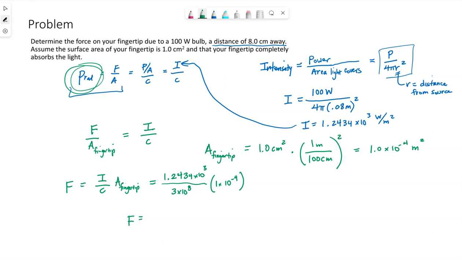So 4.1 times 10 to the negative 10th. This will be in newtons.